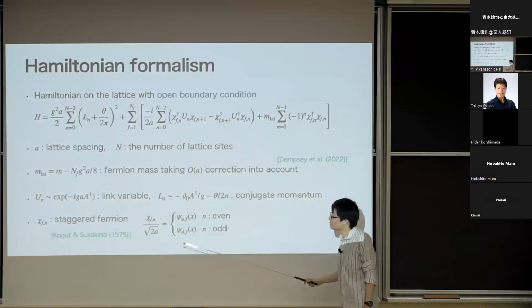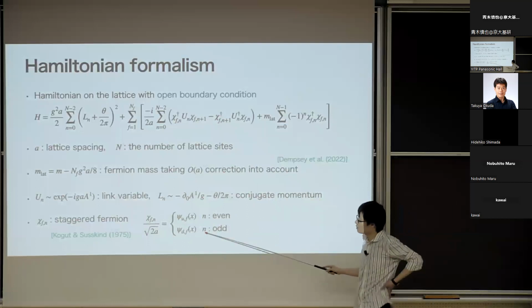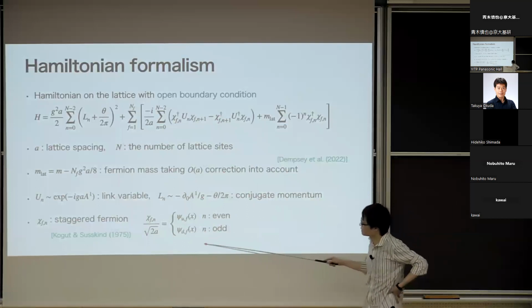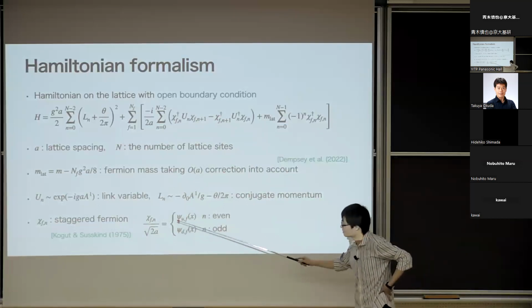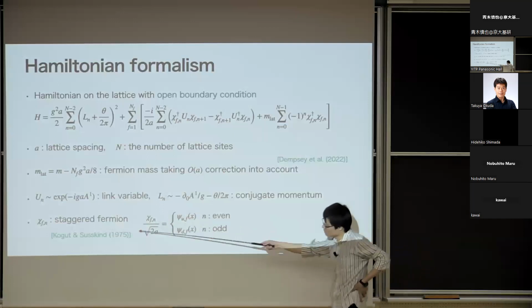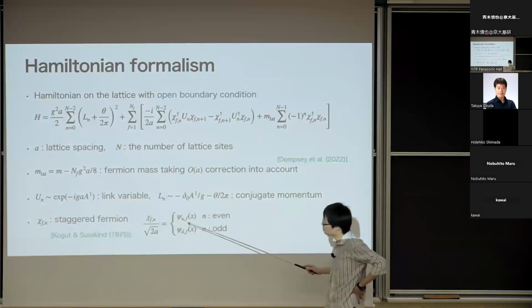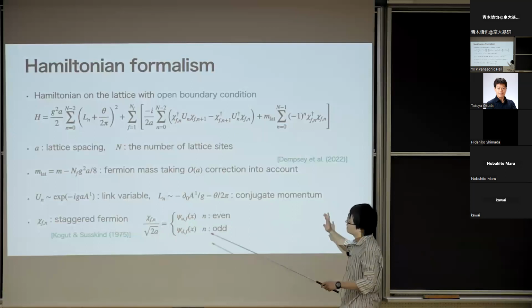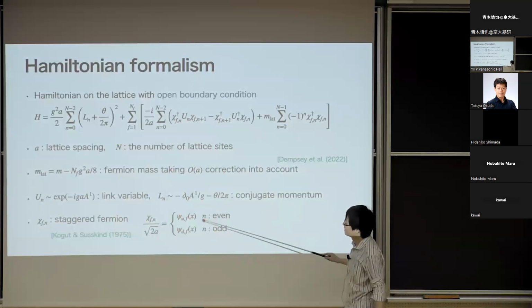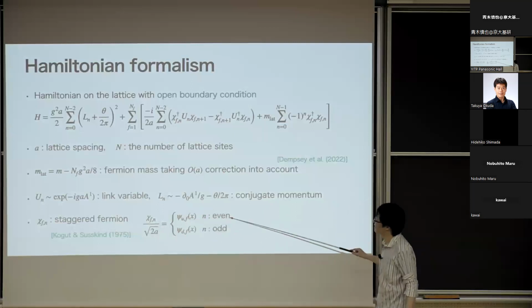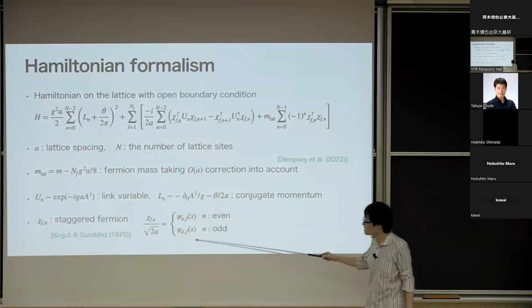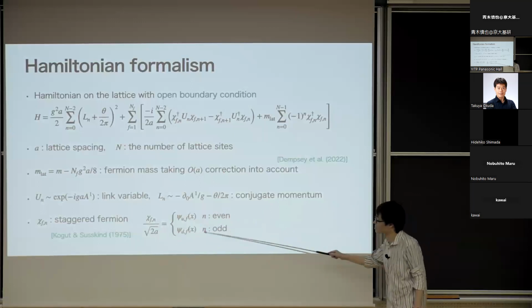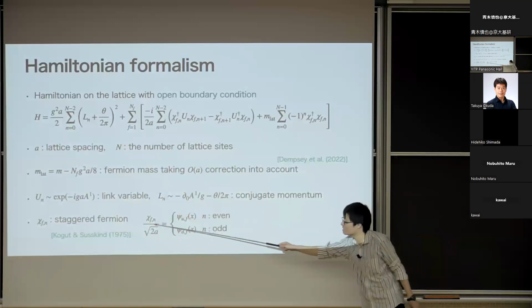In this formalism, originally the Dirac fermion has 2 components in 1+1 dimensions, like this. But in the staggered fermion, these 2 components are decomposed, and one of the components is assigned on the even sites, and the other component is assigned on the odd sites. So the chi itself is just a single component.